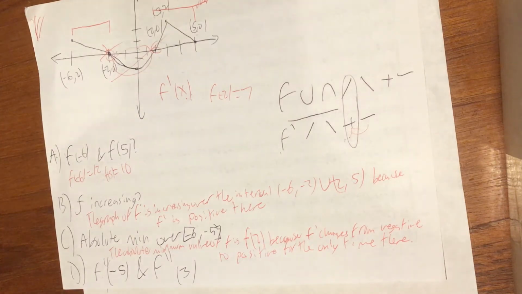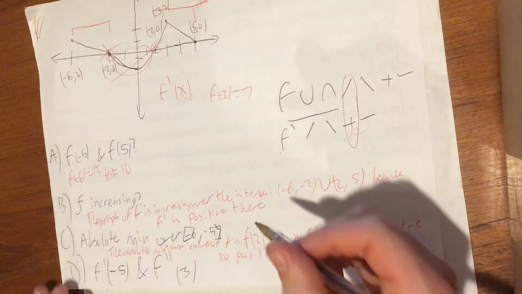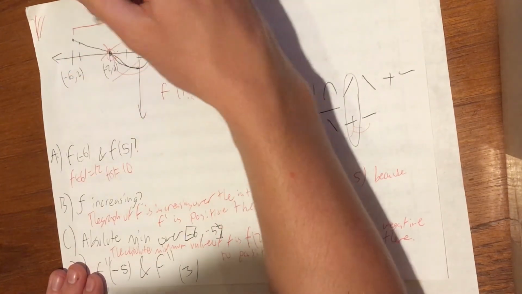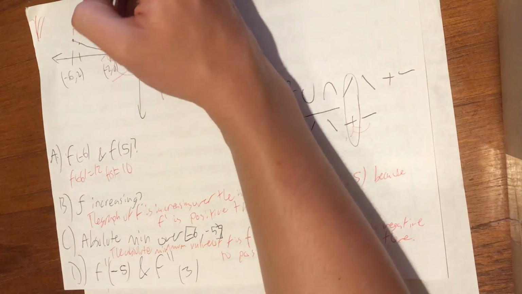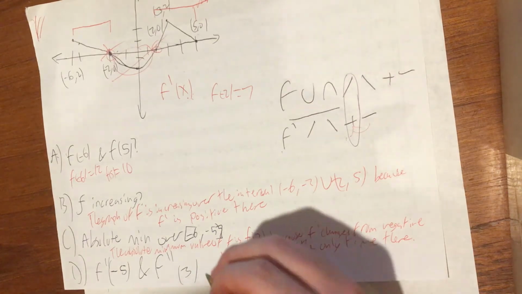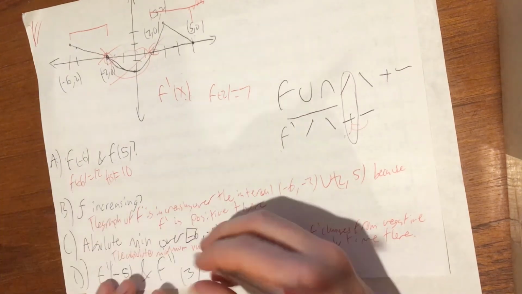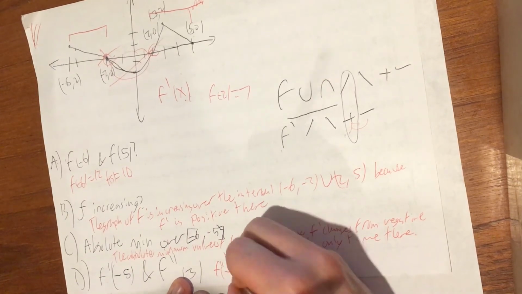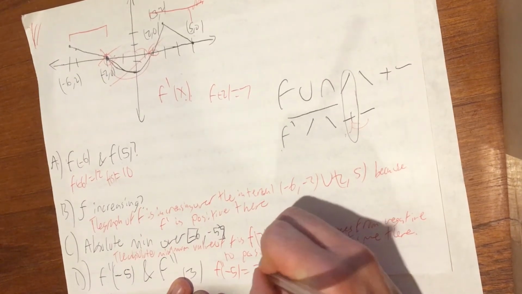So we can look at our graph here, and at -5, the slope of this line is -1/2. And so f double prime equals -1/2.